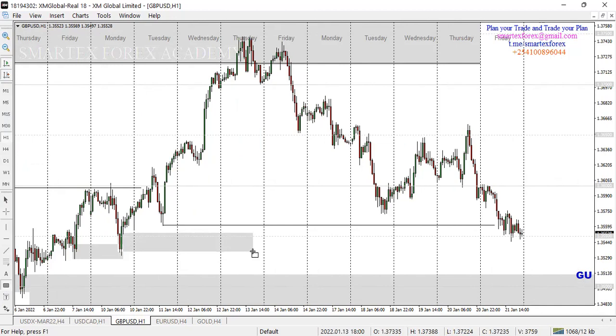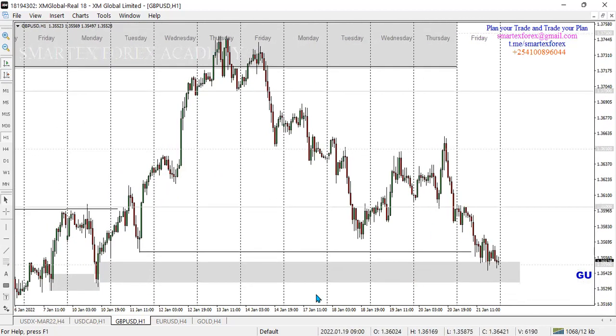This zone doesn't have a clean mitigation. We can see here the price did not touch that OB, and here too it created a swing low. So we need to extend the one that is unmitigated or was mitigated in future, but we need to see further.